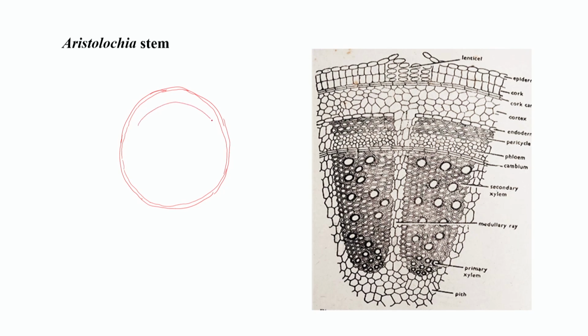You will have endodermis, pericycle, all those things. So you will see normal vascular bundles arranged in the form of a ring.